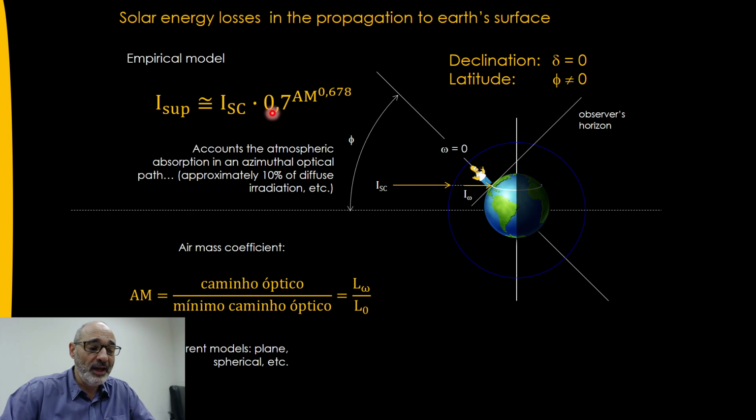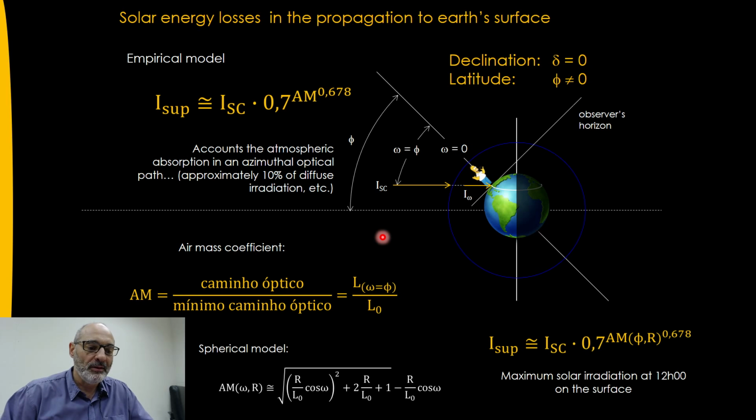So the empirical formula is the same. What we have to do is calculate the actual optical path, and this is simple actually. If you recognize that this angle here is the same as this one, things become very simple.